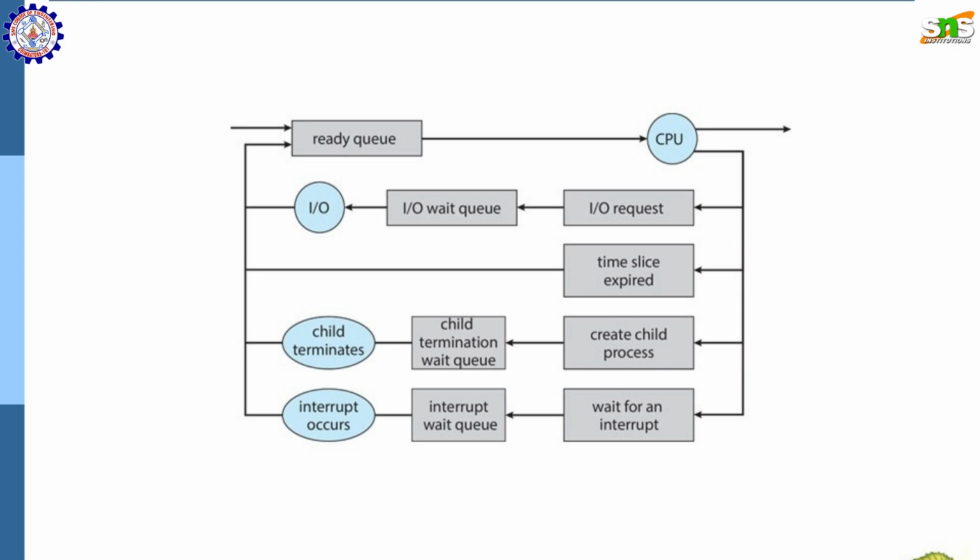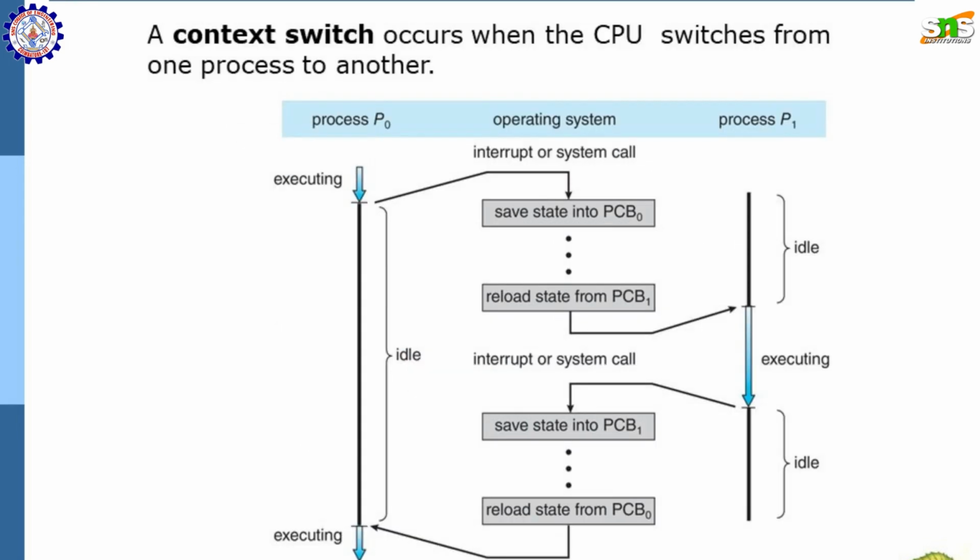Next we'll see how a CPU switches from one process to another. It is called a context switch. It occurs when the CPU switches from one process to another. In this diagram, you can see there are two processes, process P0 and process P1. Initially, process P0 is getting executed and suddenly an interrupt or a system call comes.